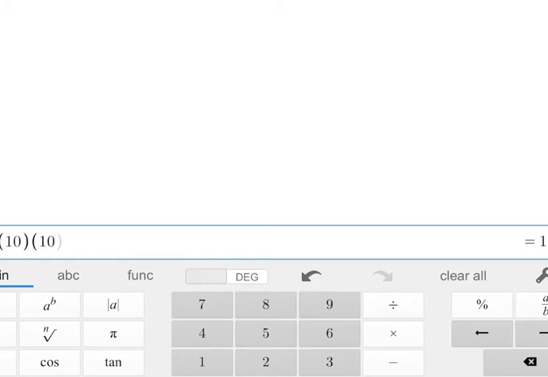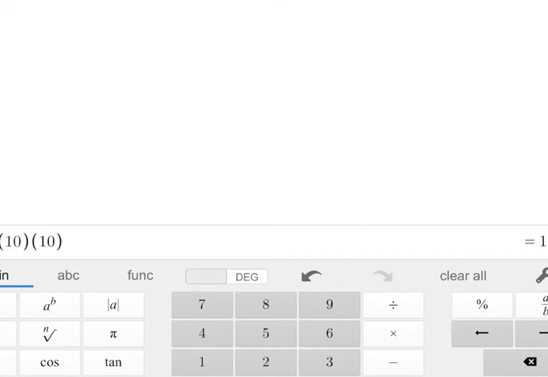Or I could do 10 times 10 times 10. You can see the answer is on the far right. The answer is 1,000. We're in projector mode here. This is a free app, by the way. You can get this for free for Android or for iOS, or you can use it online. All you do is Google Desmos Scientific, and I'll put a link on there.